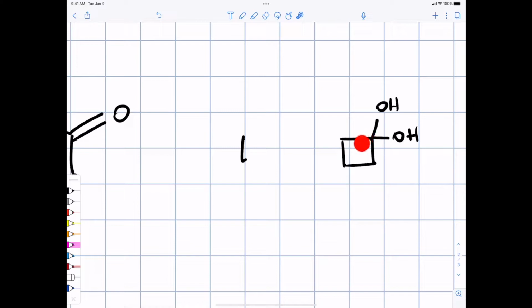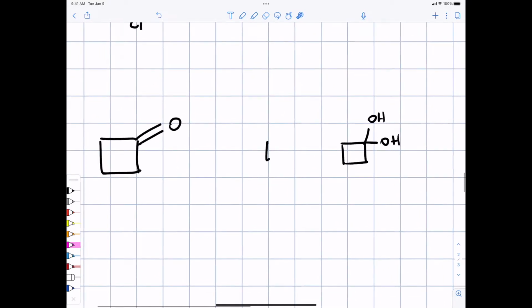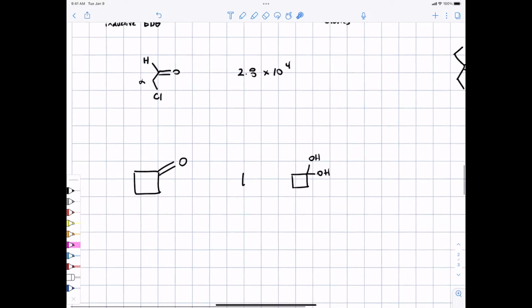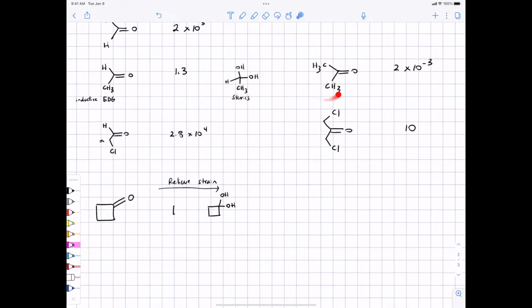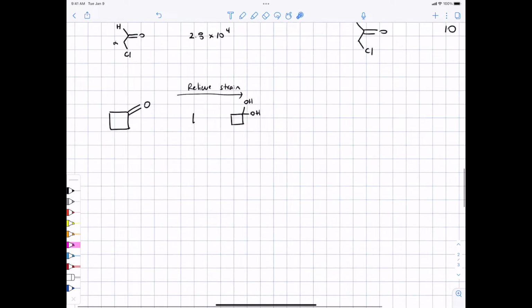If you go tetrahedral, now the difference between tetrahedral and 90 is less than the difference between trigonal planar and 90. So you relieve some strain and that presumably compensates for the fact that the alkyl group should be electron donating. As you make ring strain less of an issue, you sort of go back to being a same old, regular ketone.